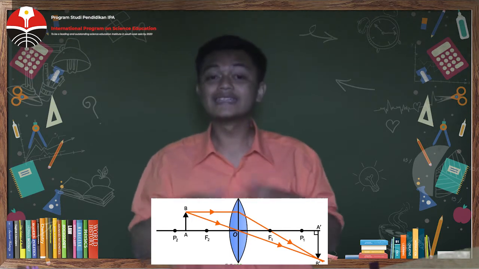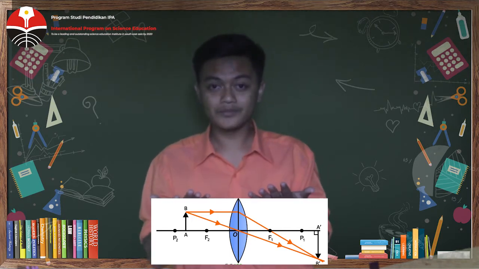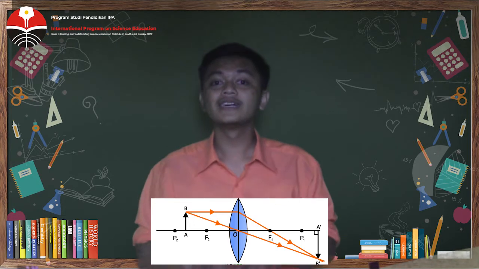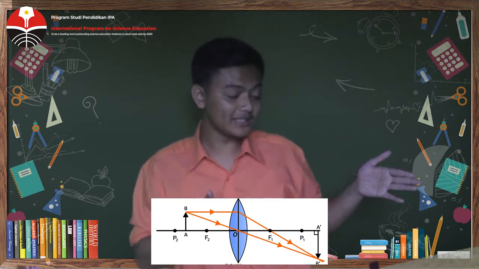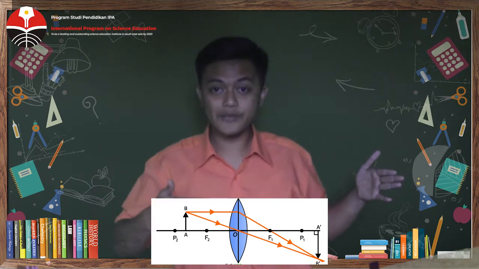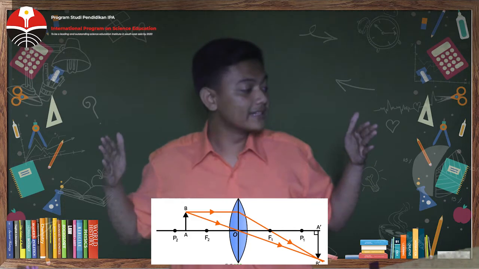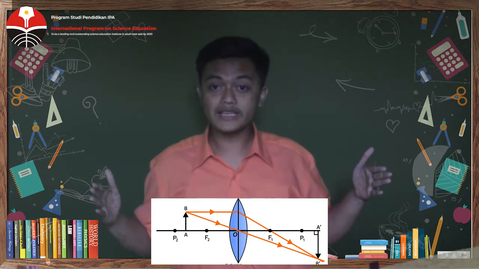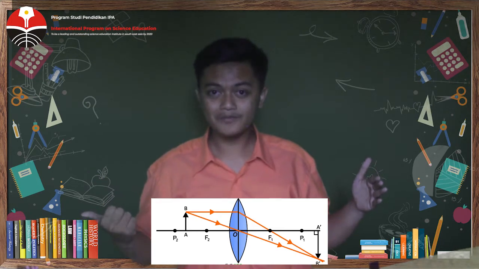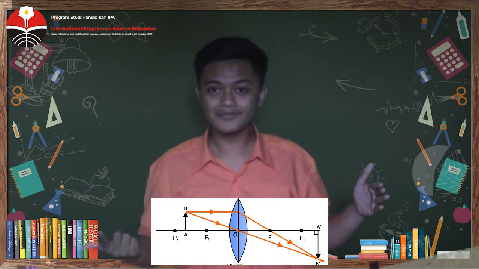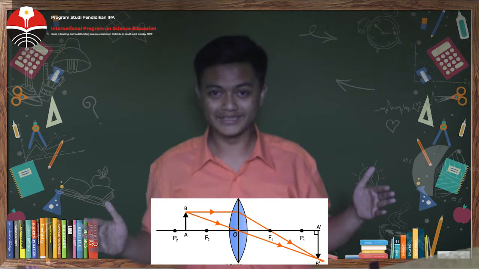After this, same with the mirror, you should state the characteristics of the image. You can see from the pictures that the characteristics of the image are real, enlarged, and inverted.